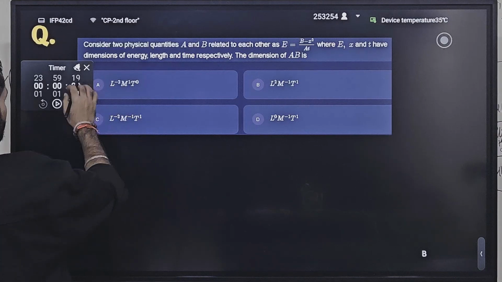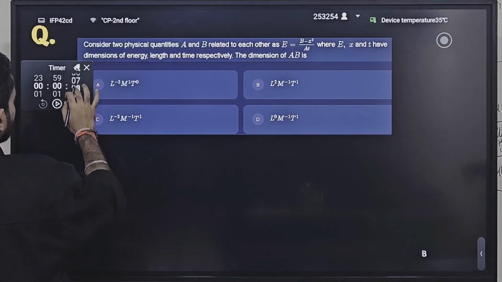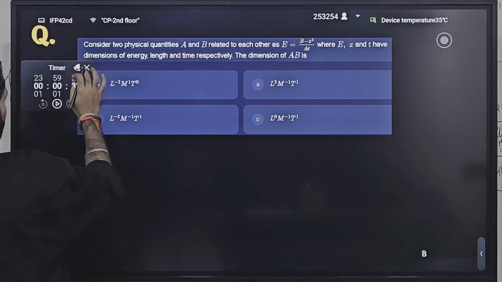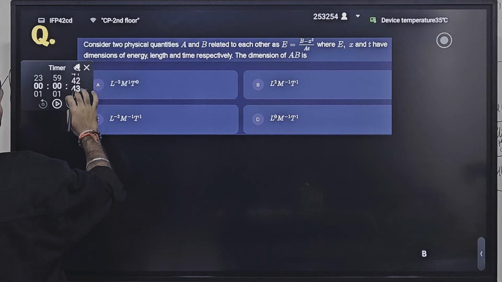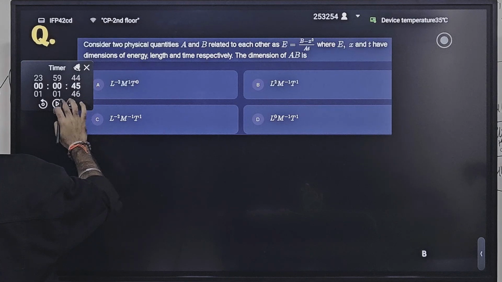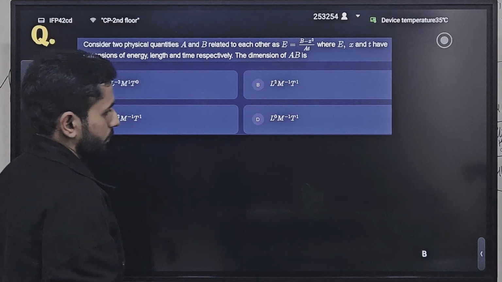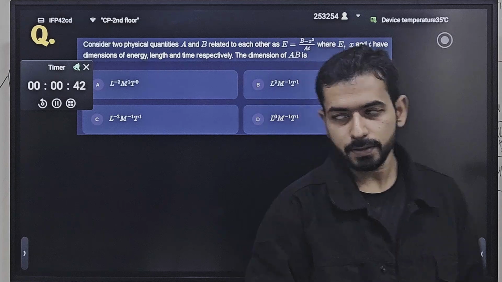So this question is also a good question on the analyzing basis. So I will give you 45 seconds for this question. 45 seconds is more than sufficient time. Solve this question first.